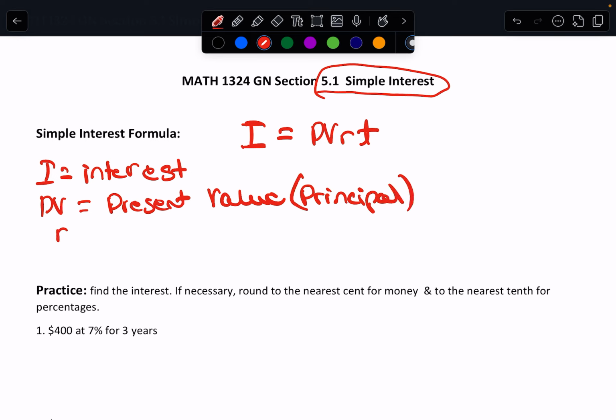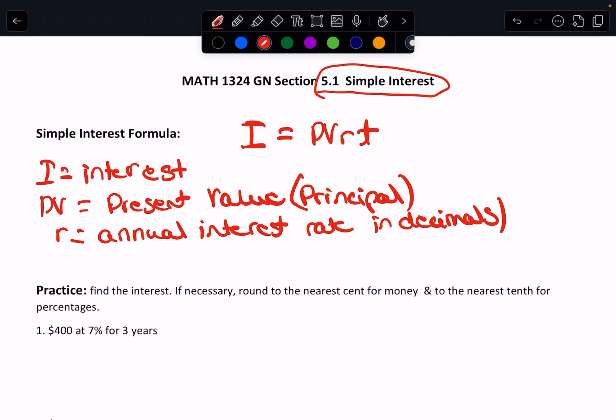R is the annual interest rate, and this is always in decimals. So when we're doing the calculations, it's in decimals. And then T is the time of investment, and that is in years.